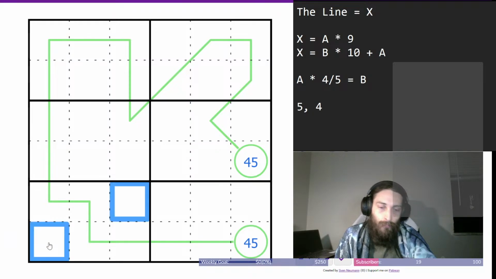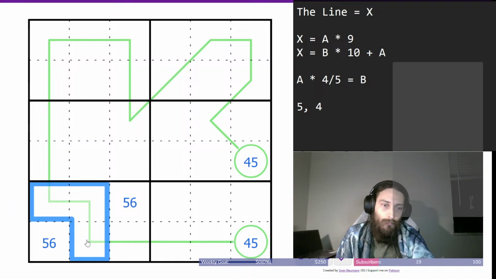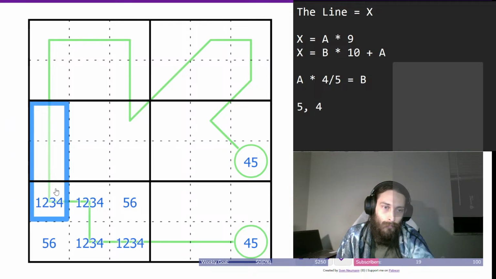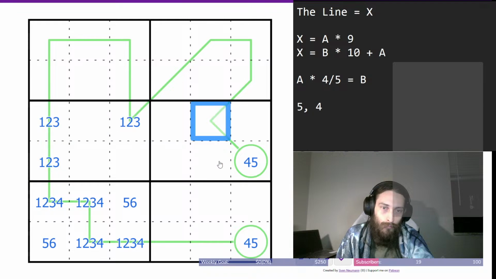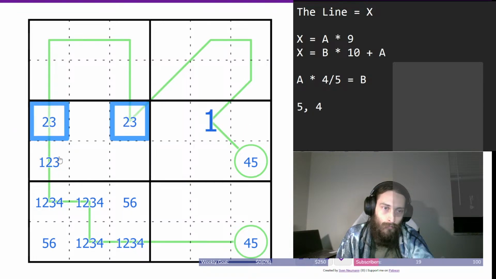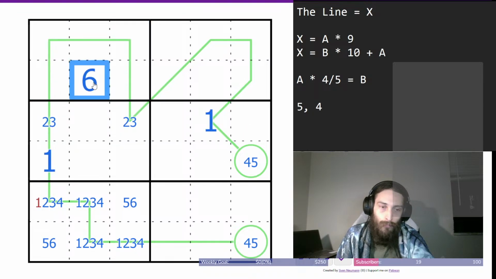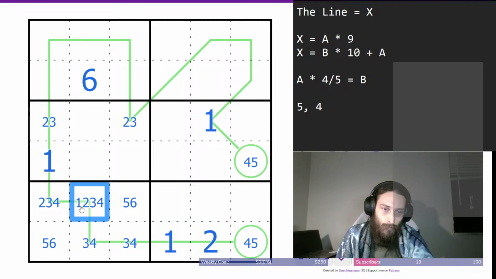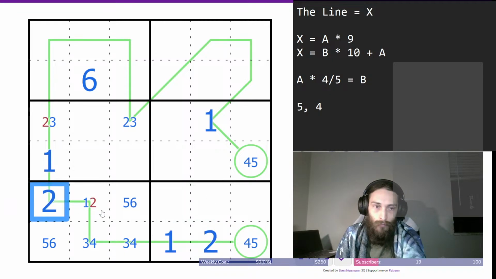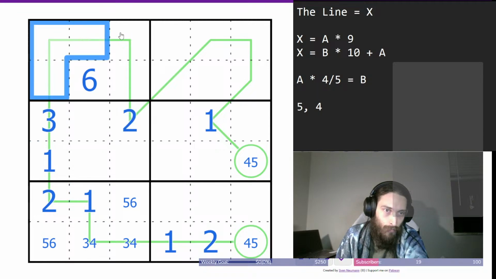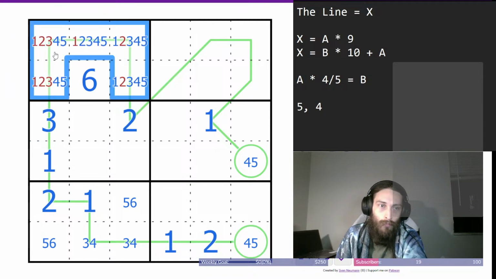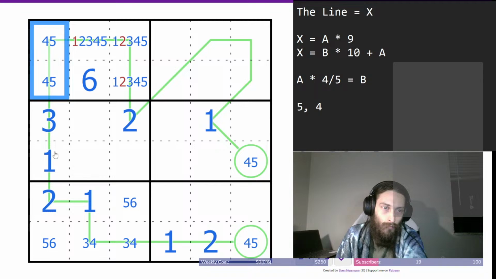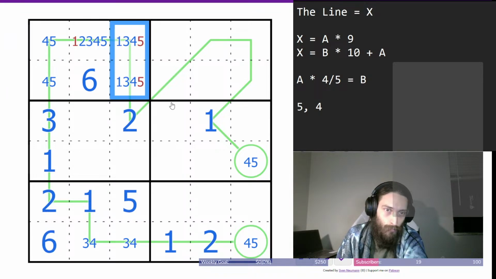Yeah, 45 is the minimum. Yeah, and 45 and 9 is 54, so.